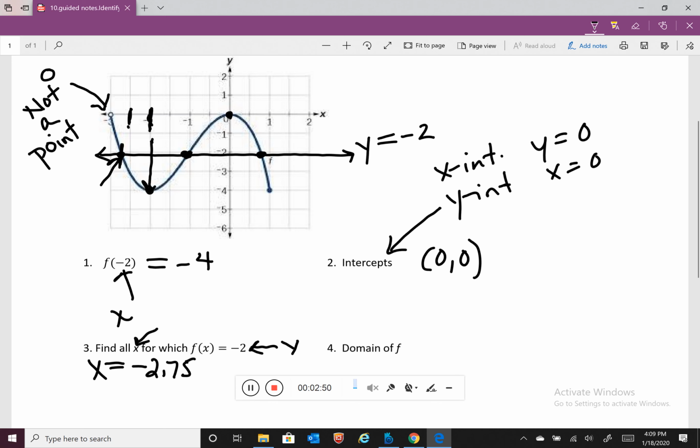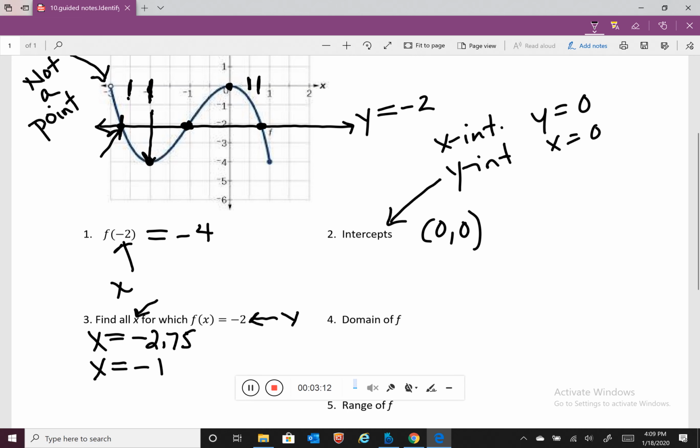Here, when x is -1, y is -2. And then the last point we have where y is -2, it is between 0 and 1. This is 1/2, so this is about 0.75. So 0.75 is our third x value where y is equal to -2.